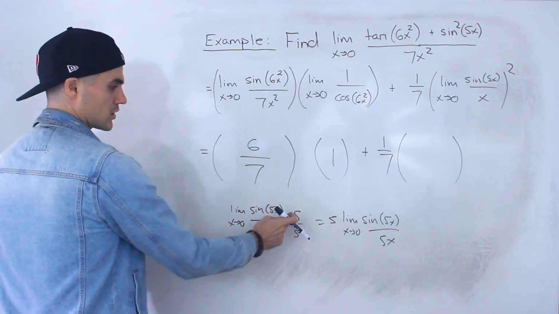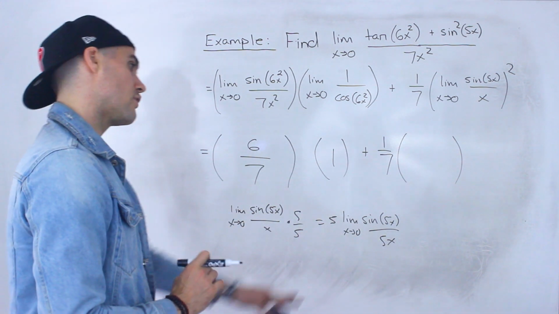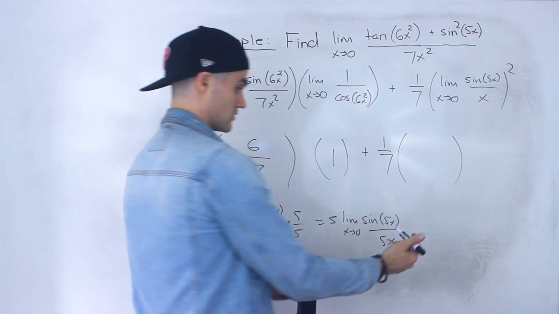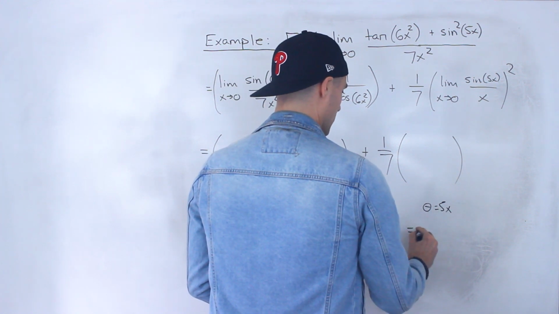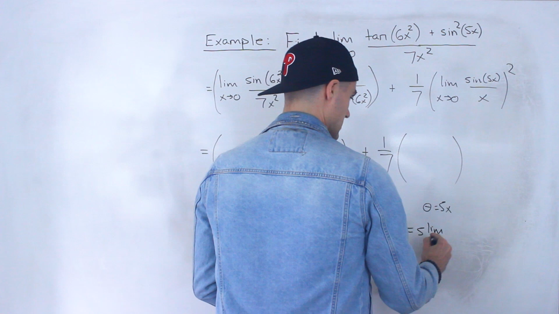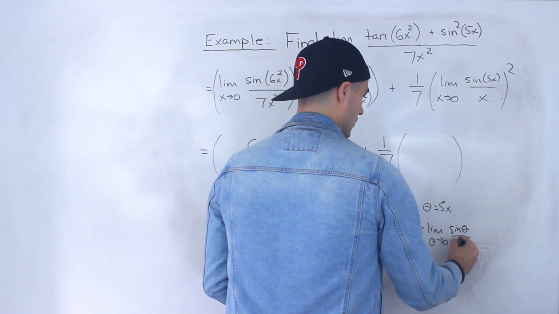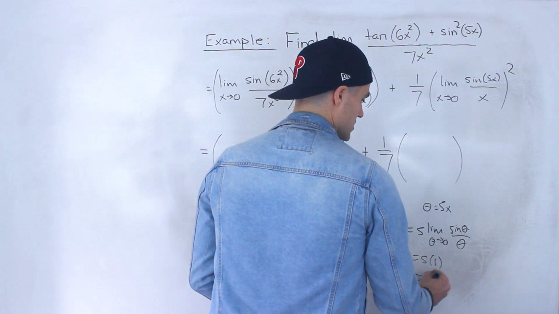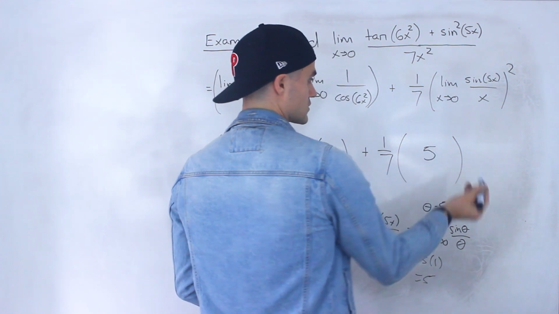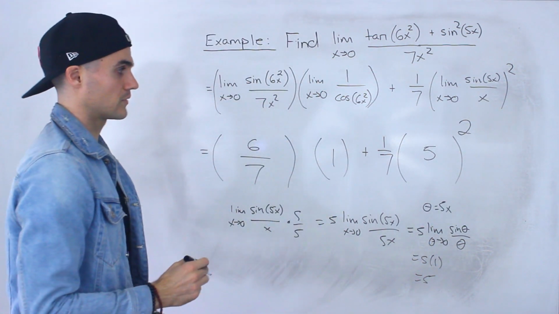Then this is that fundamental trig limit. If we let theta equal 5x, we end up with 5 times the limit as theta approaches 0 of sine theta over theta, which equals 5 times 1, which is 5. But we're squaring that bracket right there.